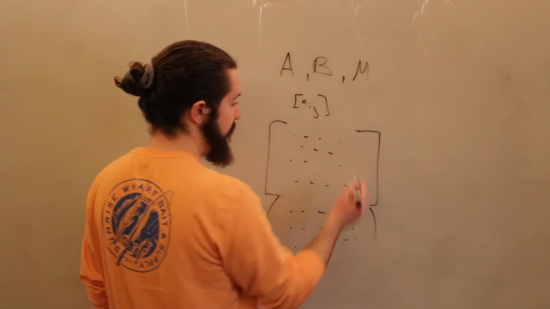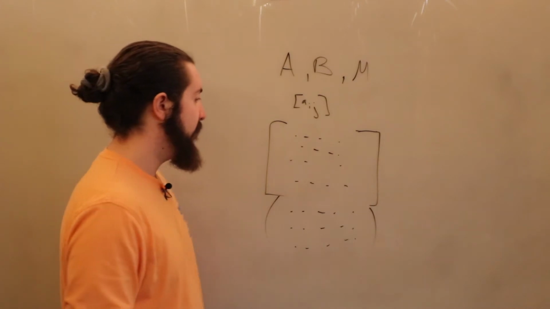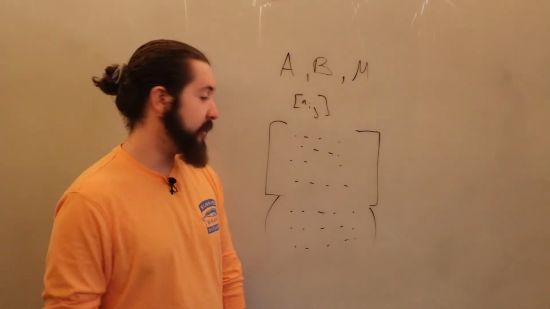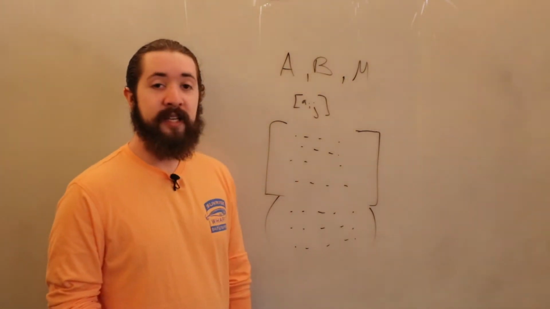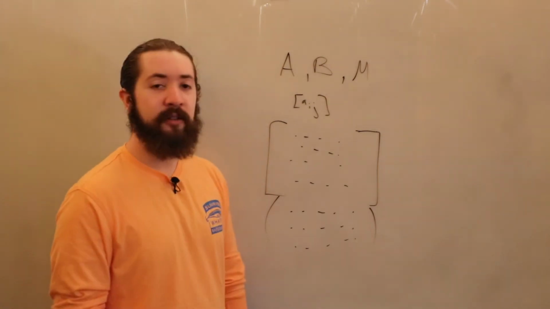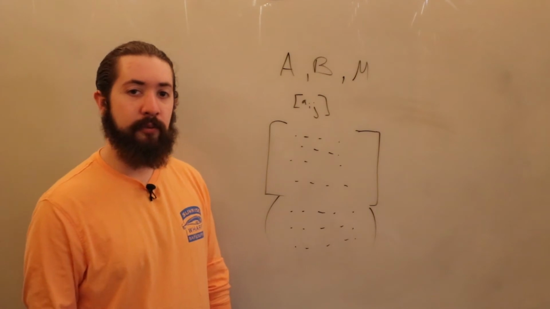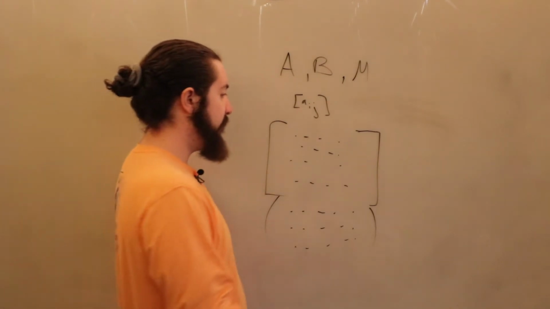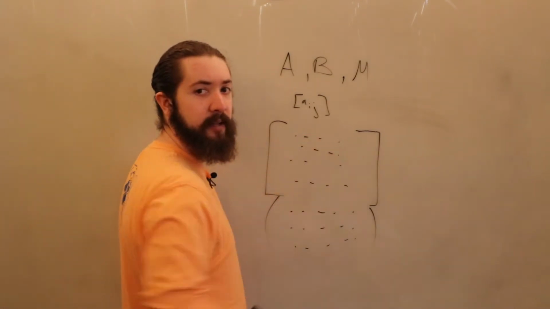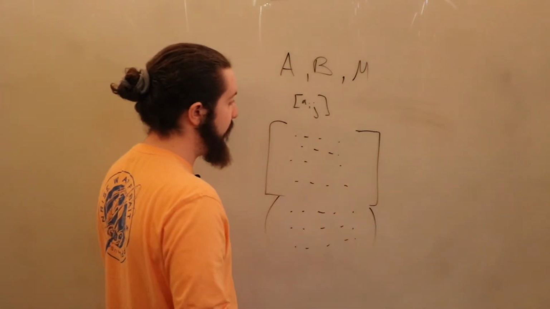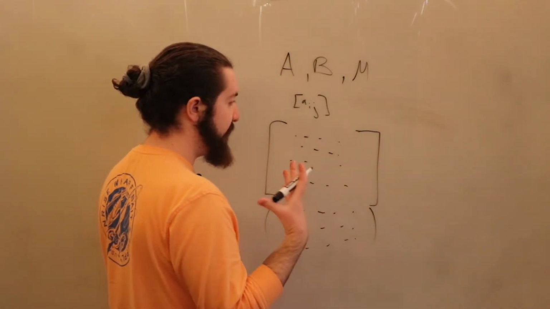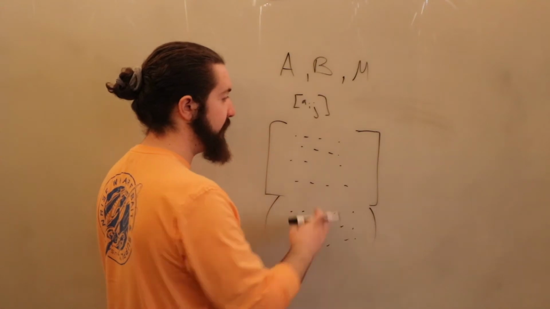And of course these entries can be integers, they can be real numbers, they can be complex numbers, they can even be quaternions, although you'll have trouble doing determinants with that. And when are two matrices equal? They're equal when they're equal element by element, when in each position in the array, notably they have the same size, and in each position they have the same elements.